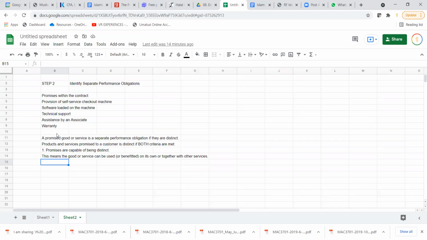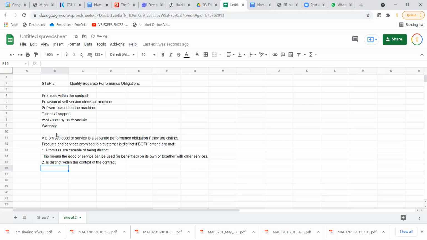That's an indication. Okay, now the second one is the good or service is distinct within the context of the contract.